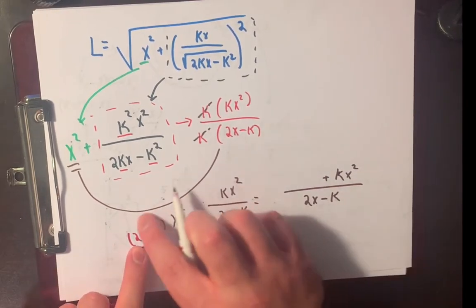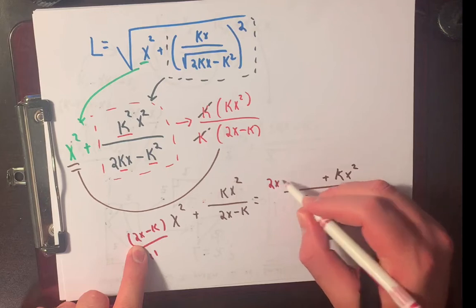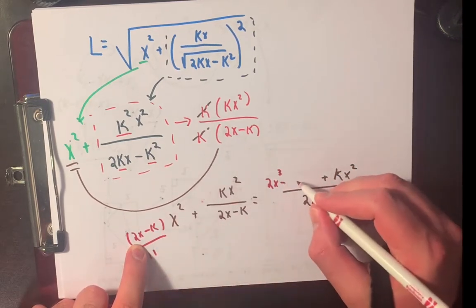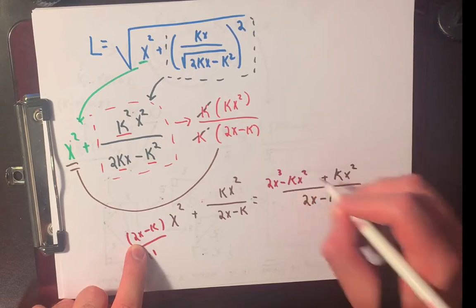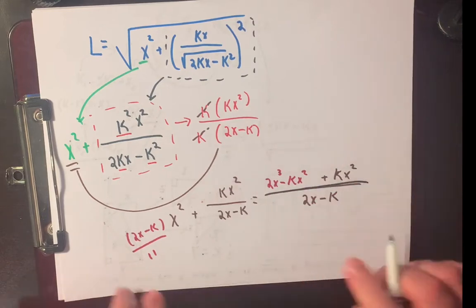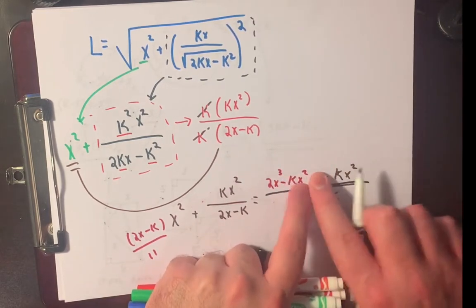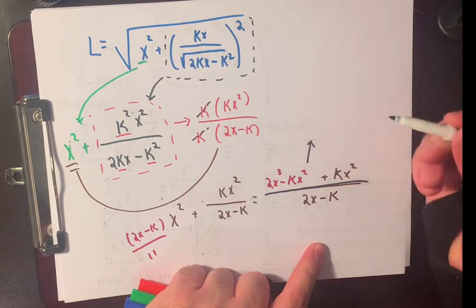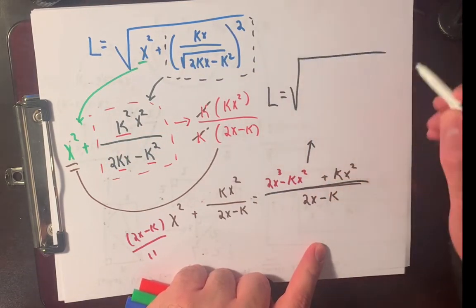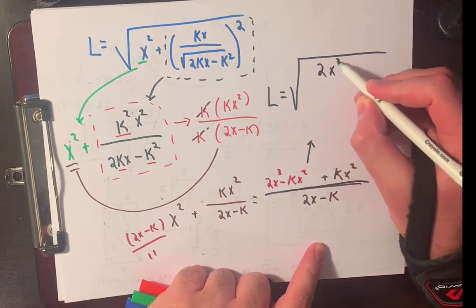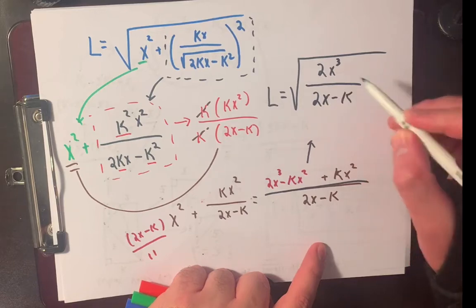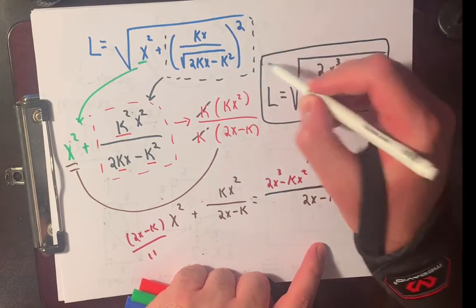So whenever I distribute this, I'm going to get 2x to the third, and I'm going to get negative kx squared. And I can see from that single step that these two terms are going to obliterate each other, and that gives me a cleaned up version of still just defining L, being equal to the square root of 2x to the third over 2x minus k. That's just cleaning up there.